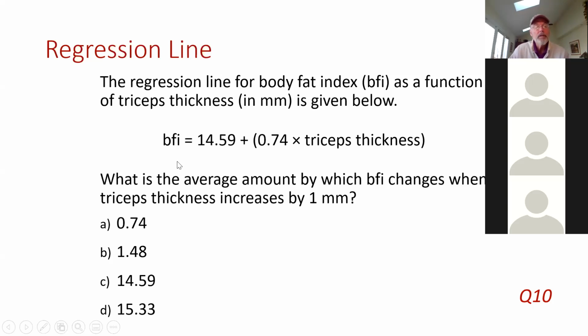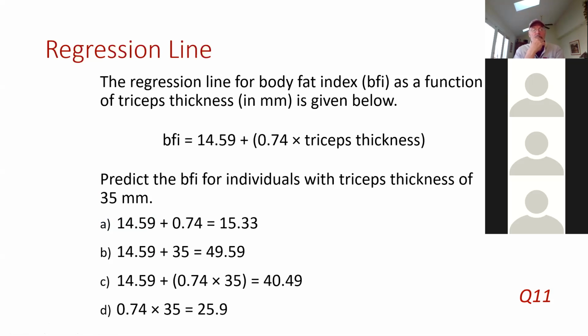So in a lot of ways, this question is interpreting what the slope really is. With each 1 millimeter change in the triceps thickness, there's going to be an increase of 0.74 in the BFI. So this is essentially the definition of the slope. All right. Questions?